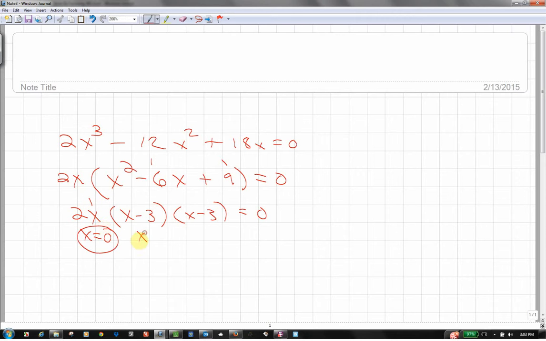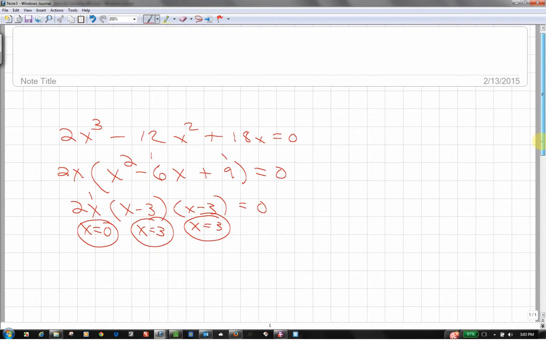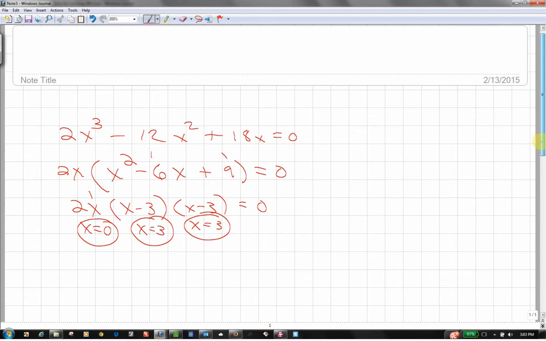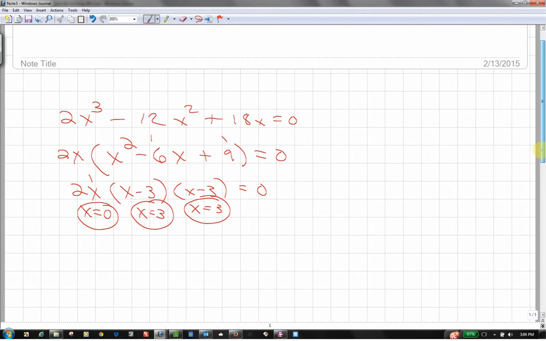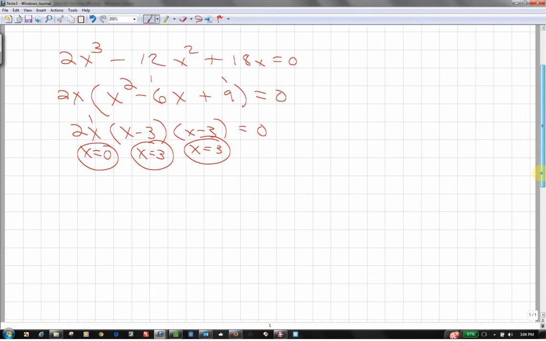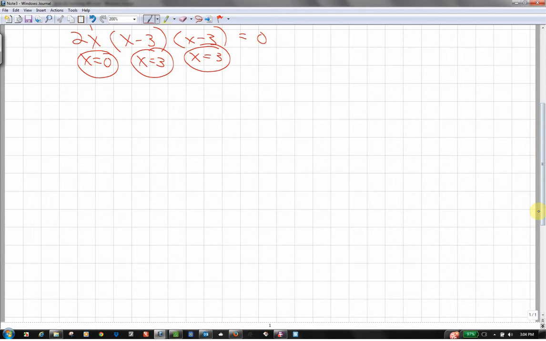This parentheses is x equal to 3. And I have another x equal to 3, and those would be my zeros for that problem. Okay, moving to the next, another problem. So that was one of the factoring techniques we had yesterday, was to factor out any common factor. Okay, let's go to another problem.